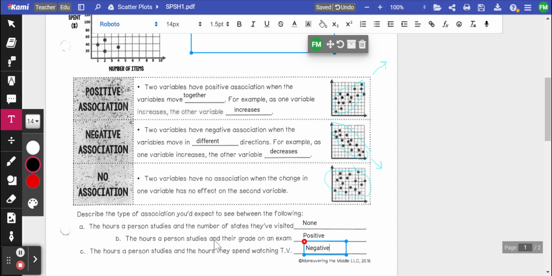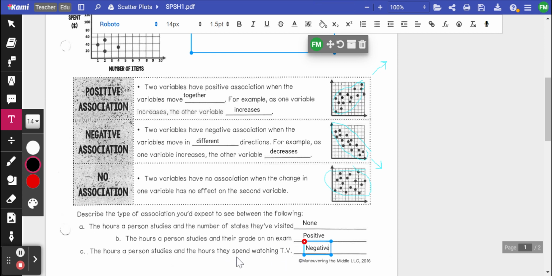So if you look at this, a person who studies more is going to get a better grade. Both variables are changing in a positive manner. If you go to hours a person studies and hours they spend watching TV, well, you can only spend so much time doing one, and it's going to take away from the other. So the more you study, the less you watch TV.